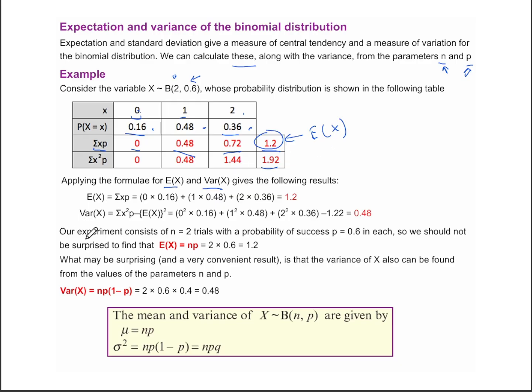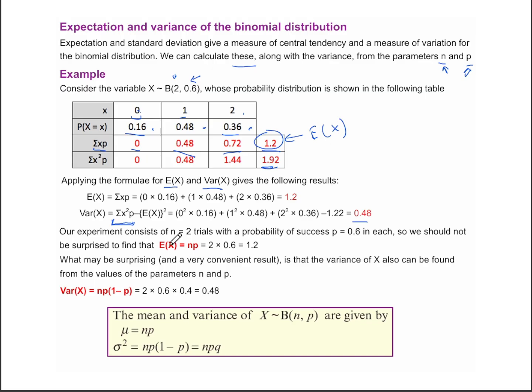Then for my variance of x, we get it through the sum of the squares times the probability, or we can say the expectation of the squares subtracted by the square of the expectation. So we have 1.92 minus 1.2 squared. And that is going to give you 0.48.